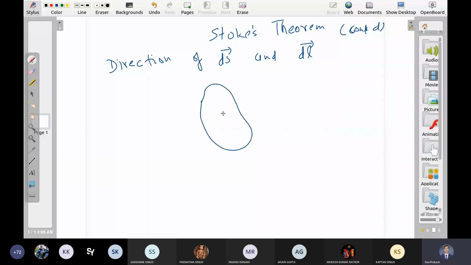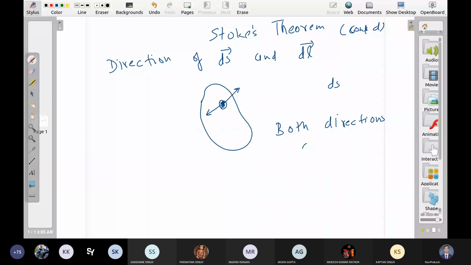The magnitude is ds, and the direction is perpendicular to the surface, and there are two possible values. One is this, the other is on the other side, and both directions are allowed.